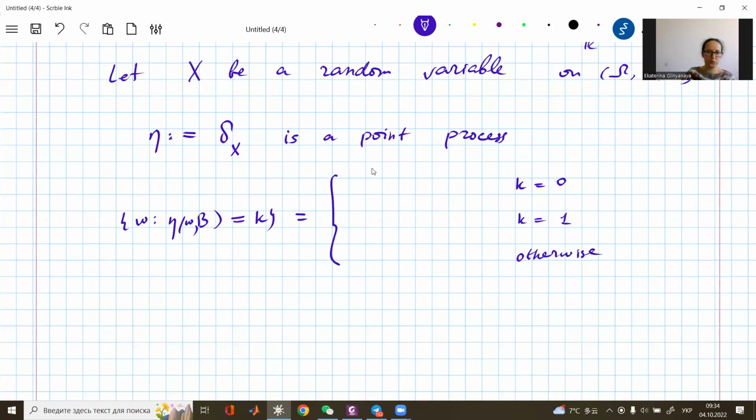If k is equal to 0, this means that x of omega does not belong to set B. In the case when k is equal to 1, we have the set of omega such that x of omega belongs to set B. Otherwise, it is empty.